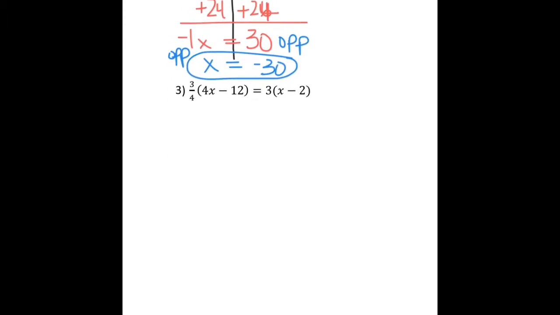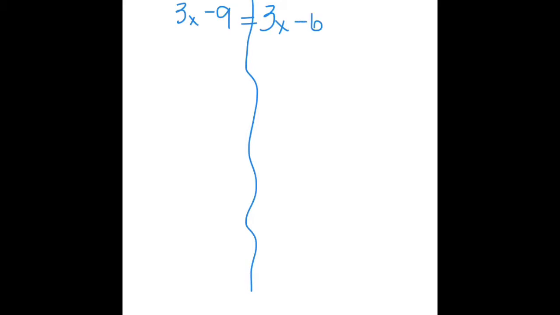All right, let's look at example number 3. So I'm going to distribute first, 3/4 times 4x and 3/4 times negative 12. Well, 3 times 4 is 12, divided by 4 is 3x. 3 times negative 12 is negative 36, divided by 4 is negative 9, equals, distribute, 3x minus 6.